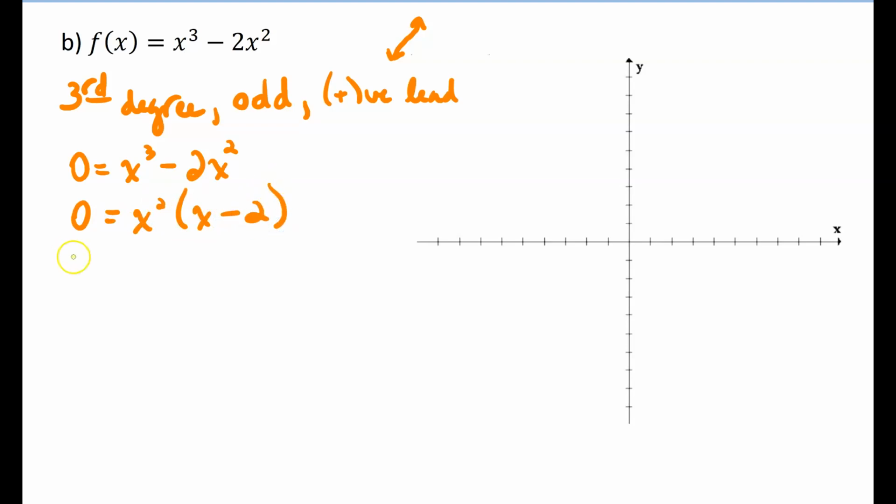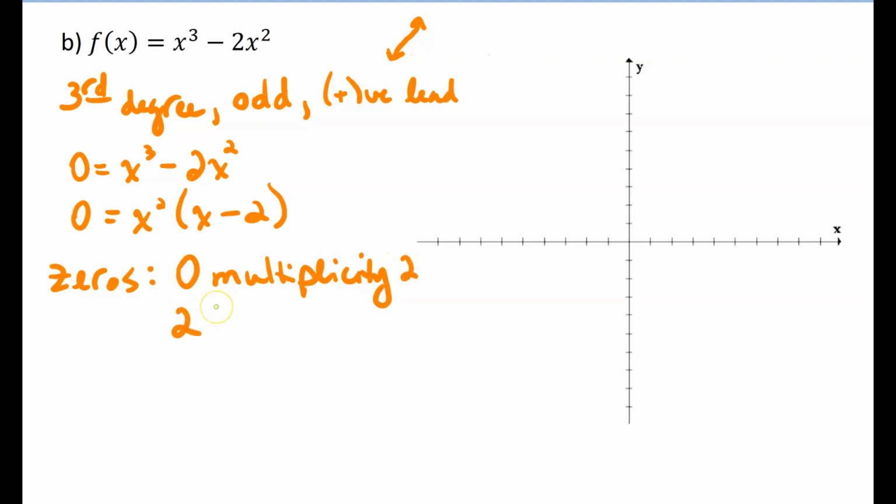So what are our zeros? And anything else we need to say? Yes, 0 has a multiplicity of 2. And our last one is 2.